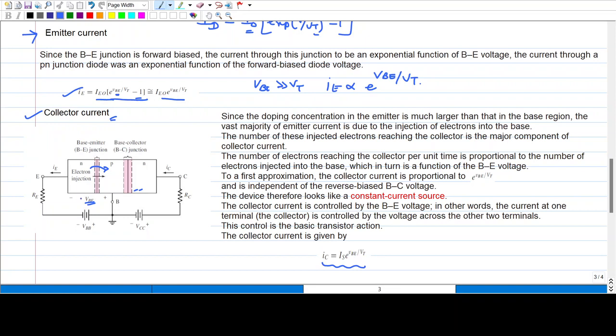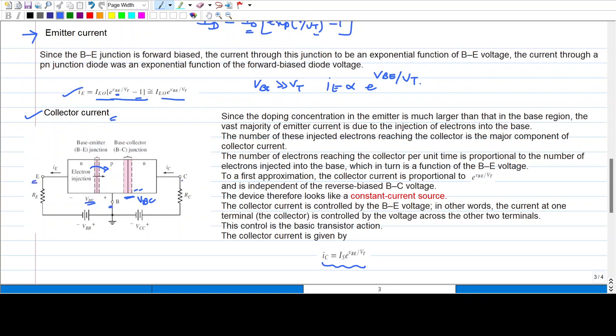The one important point to note here is that this base junction is reverse biased. So what happens here? Even though it is reverse biased, you can see the flow of current because of the forward biased junction. So the collector current, the current through the collector, is controlled by the voltage applied between the base and the emitter.